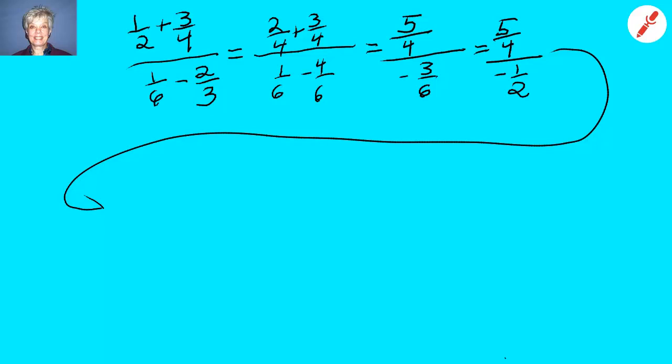Now let's start on the left again, a little bit lower, and we'll have 5/4 divided by -1/2. But we'll have 5/4 times the reciprocal of -1/2, which is -2/1.